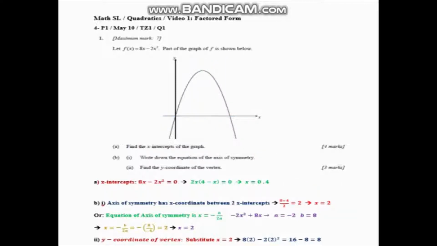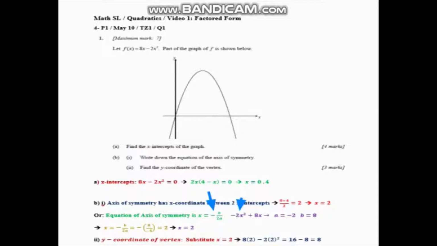There is another way to solve this. We should know that the equation of the axis of symmetry in general is x equals negative b over 2a for a parabola that has equation ax squared plus bx plus c. So the a is the number that lies next to the x squared, which is negative 2 here.